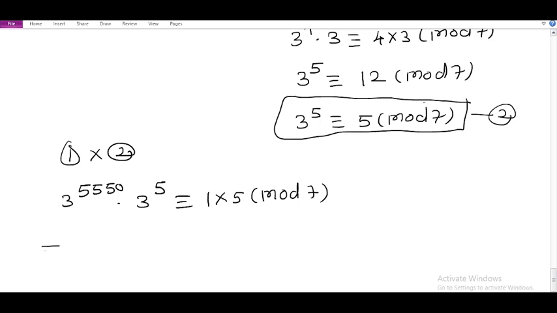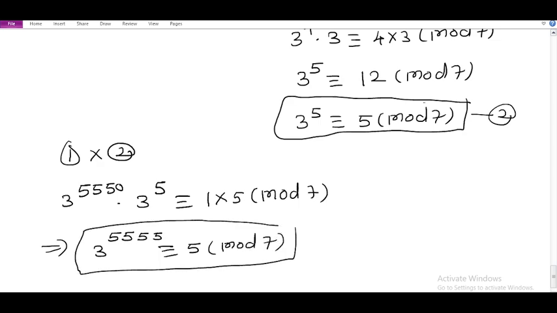So this implies 3 raised to 5555 is congruent to 5 modulo 7. Say this is equation number 3.